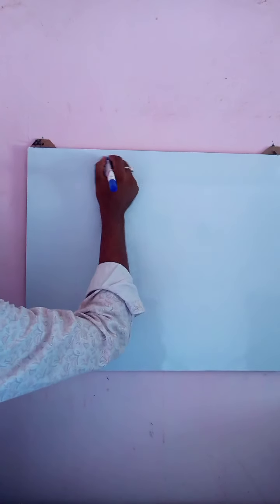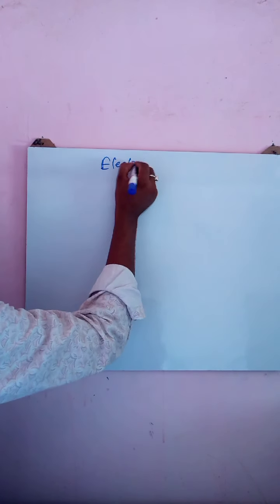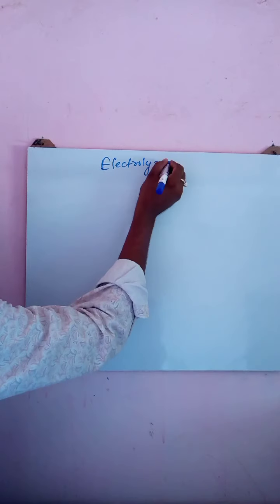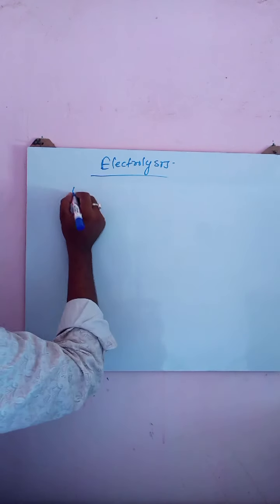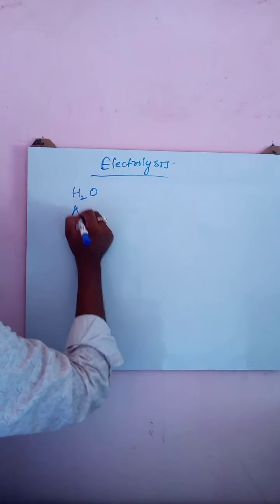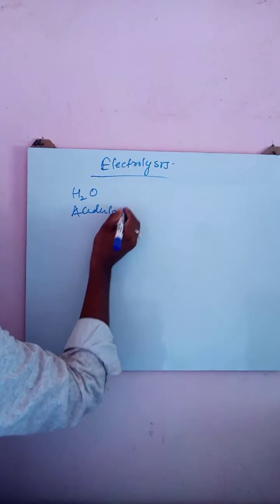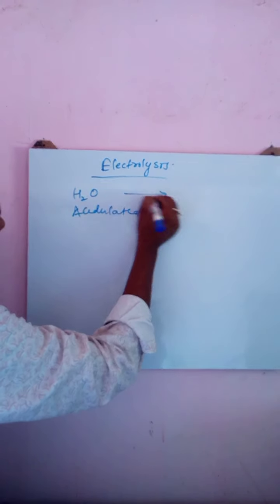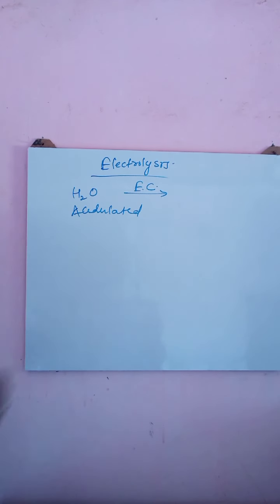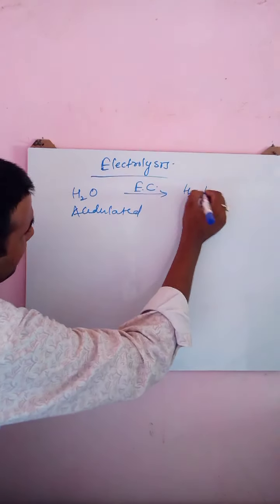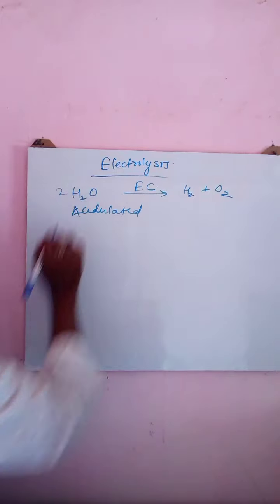Electrical energy means electrolysis. When electrical energy is used as a source of reaction, the reaction is known as electrolysis type of decomposition. For example, acidulated water undergoes decomposition in the presence of electrical current to form hydrogen and oxygen.